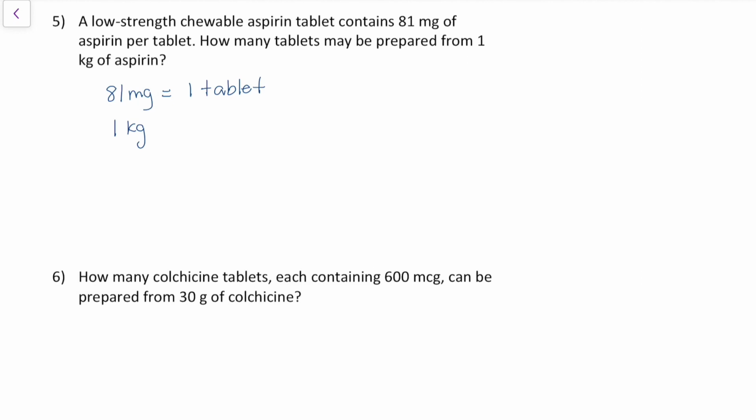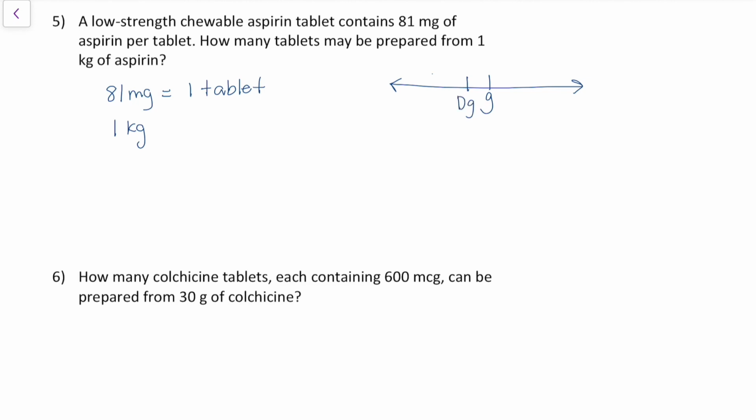Well, I have 81 milligrams in a tablet and 1 kilogram in total, so I need to make those units the same. So I'm going to take my kilogram and put that into milligrams to help me out. If we look at our scale, we have grams in the center.